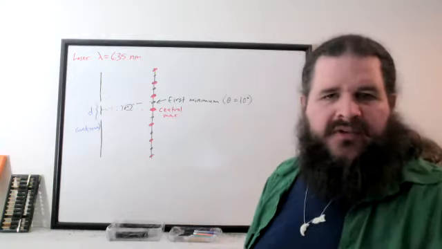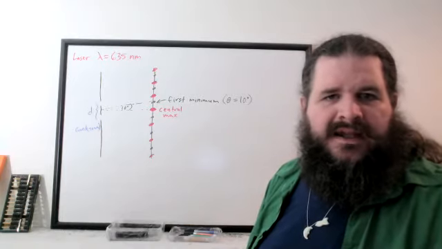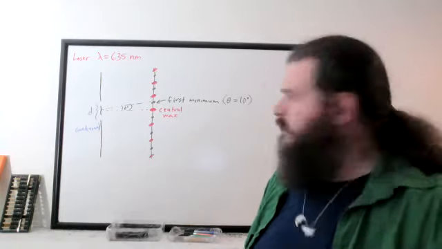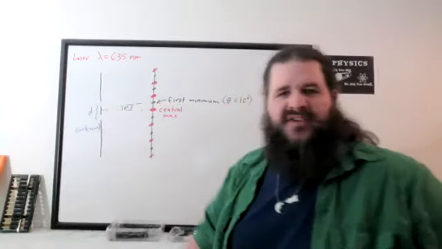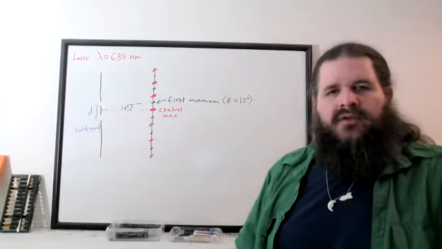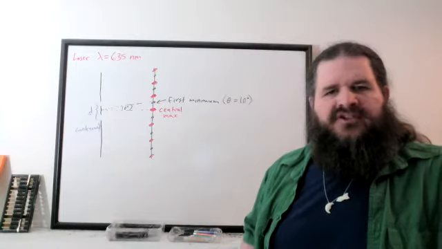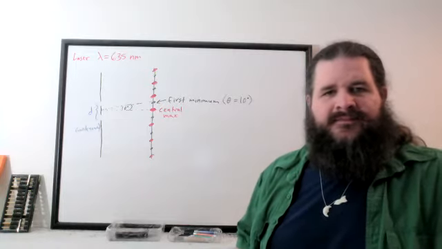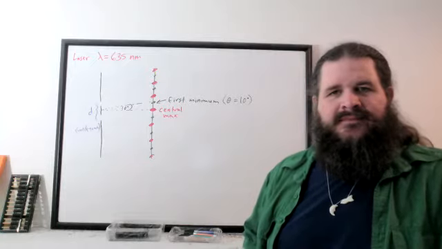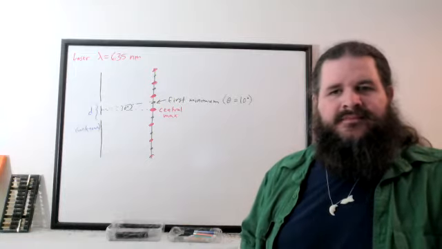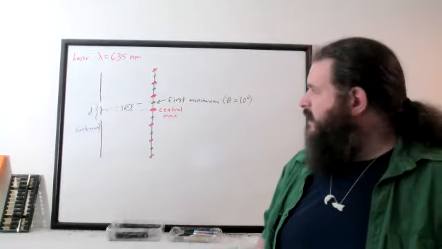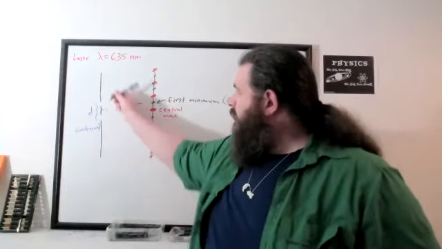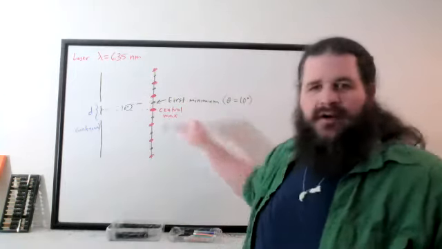And we want to know, based on that information, what is the distance between the slits, this little d, the slit separation. So to figure that out, what's one equation we could use to link all this information together? Do we have any equations describing, in terms of angle, where these bright and dark spots appear?